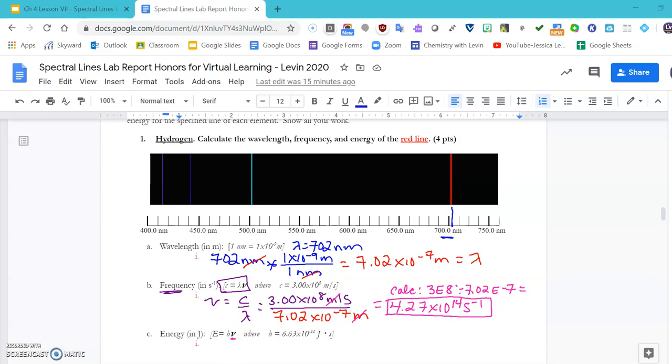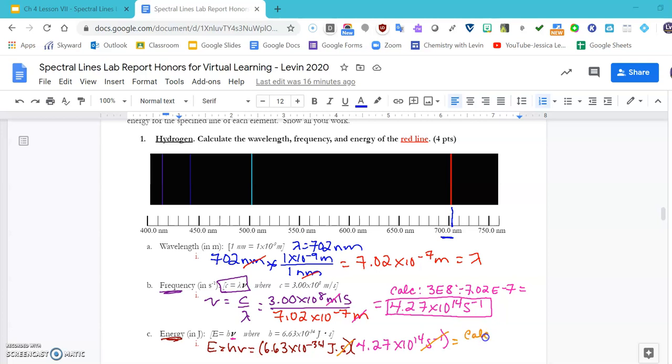Okay, so lastly, what I am asked to do is calculate the energy. E equals h nu, where h is equal to 6.63 times 10 to the negative 34th joule seconds. And then I plug in my value for the frequency that I calculated. And what that allows me to do is cancel out seconds and per seconds.